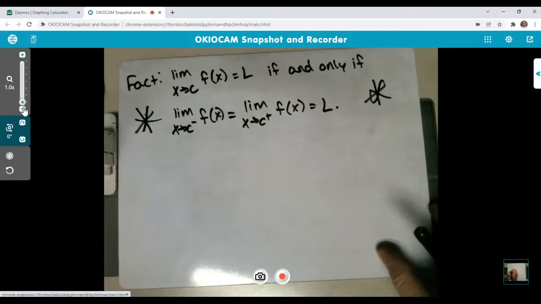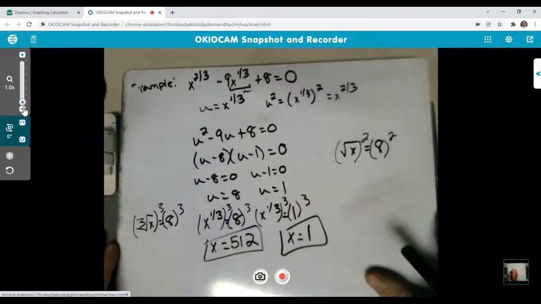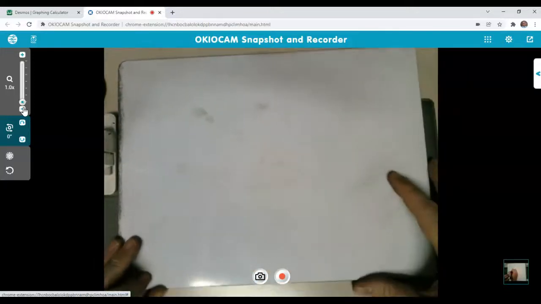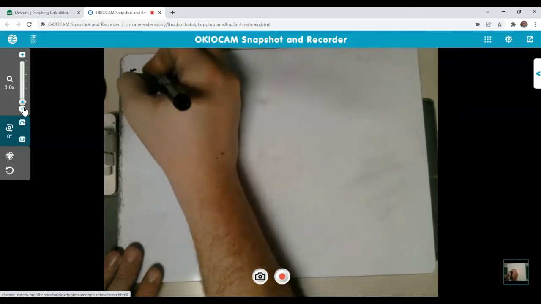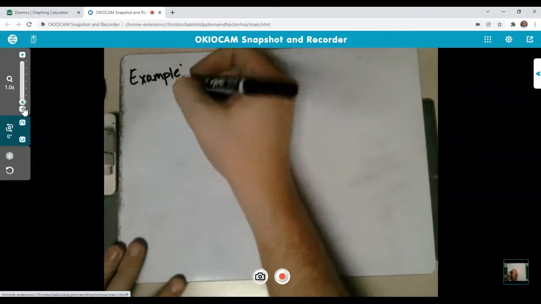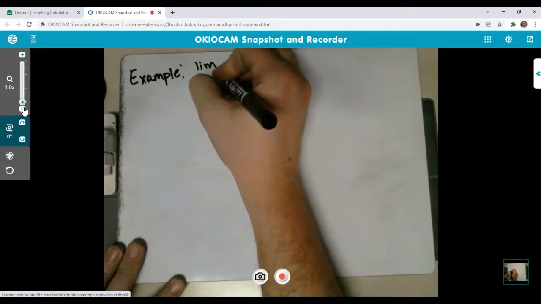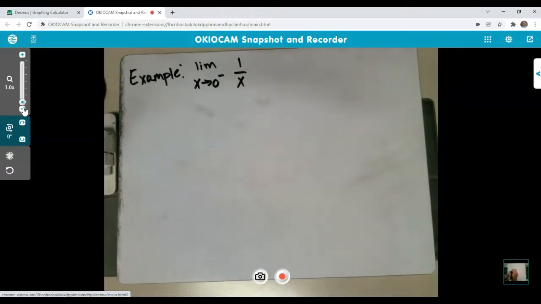All right. Let's look at some more examples and talk about what's happening with the limits and such. I'm going to do it with an example. Let's find the limit as x approaches 0 from the left of 1 over x.